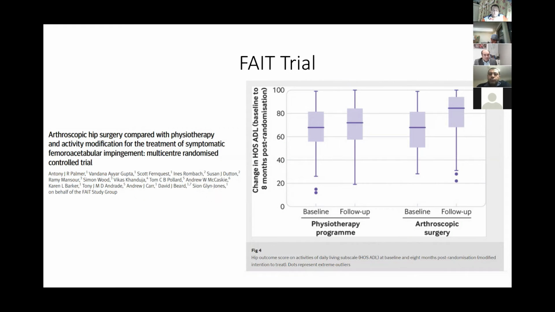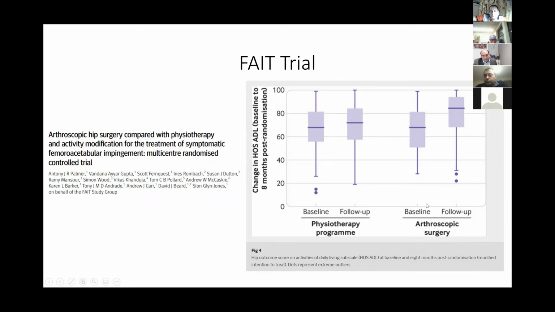Both of them more or less show the same: whether the physiotherapy group or the arthroscopy group, patients with FAI who had physiotherapy did improve in their outcome scores. The arthroscopy group also improved, but the improvement in arthroscopy was better, more significant than the improvement in physiotherapy.